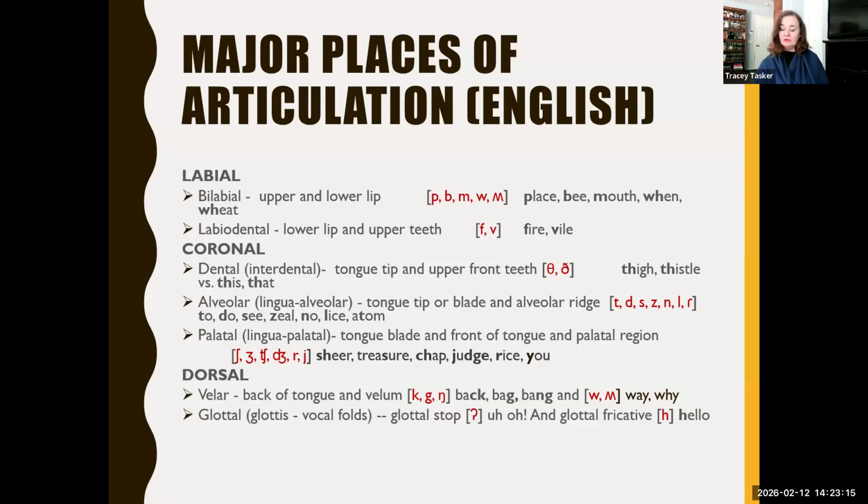Okay, palatal is sh, j, j. Now we're talking about the R sound. Okay, so moving back from alveolar back towards the palate. And then we actually refer to these back sounds often when we're teaching them to kids, the k and the g and ing.